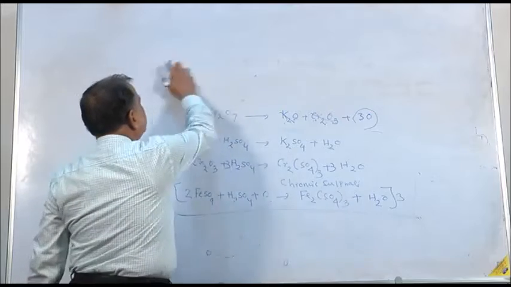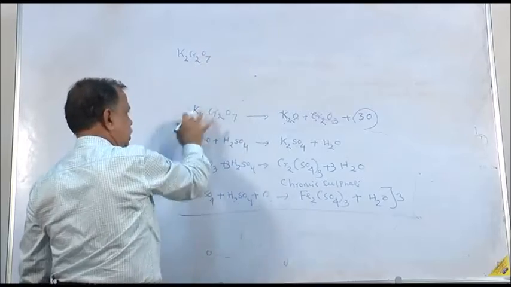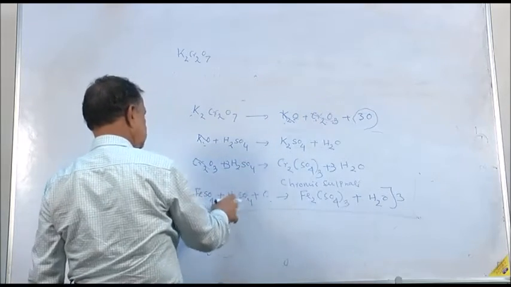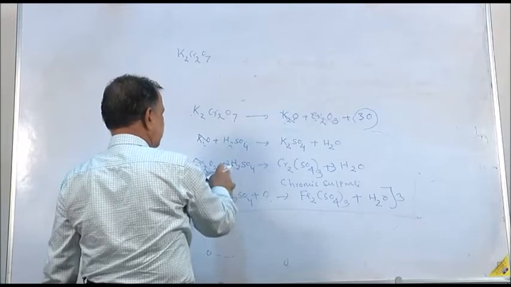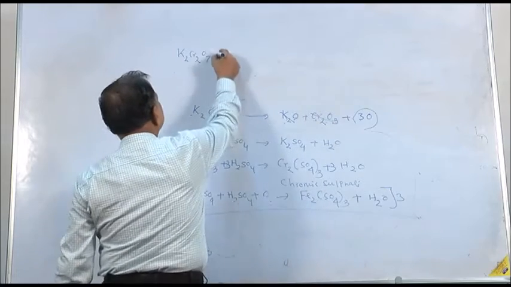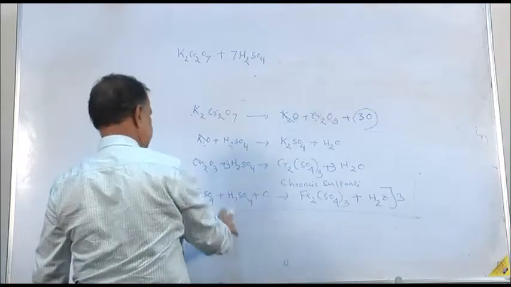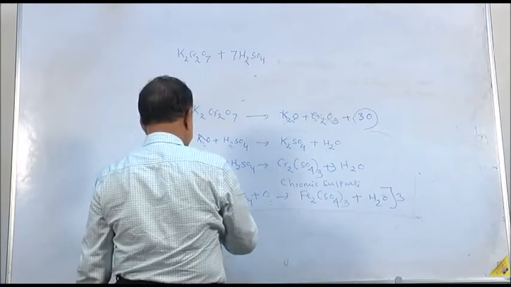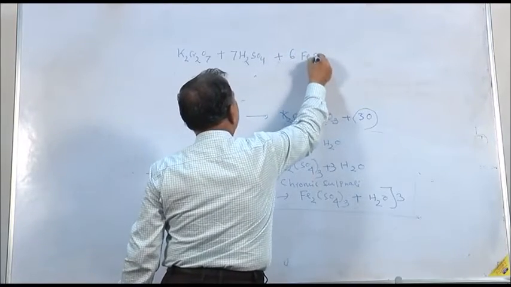It will be K2Cr2O7 plus 7 H2SO4 plus 6 FeSO4.